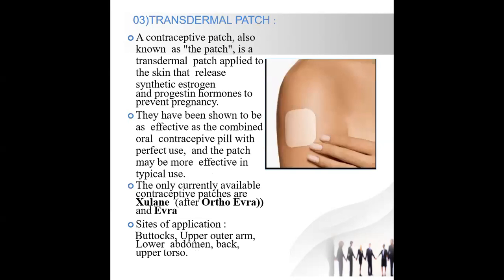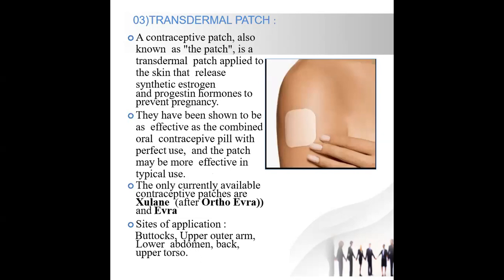Then we have another method of contraception which is called as transdermal patch. A contraceptive patch, also known as the patch, is a transdermal patch applied to the skin that releases synthetic estrogen and progestin hormones to prevent pregnancy.